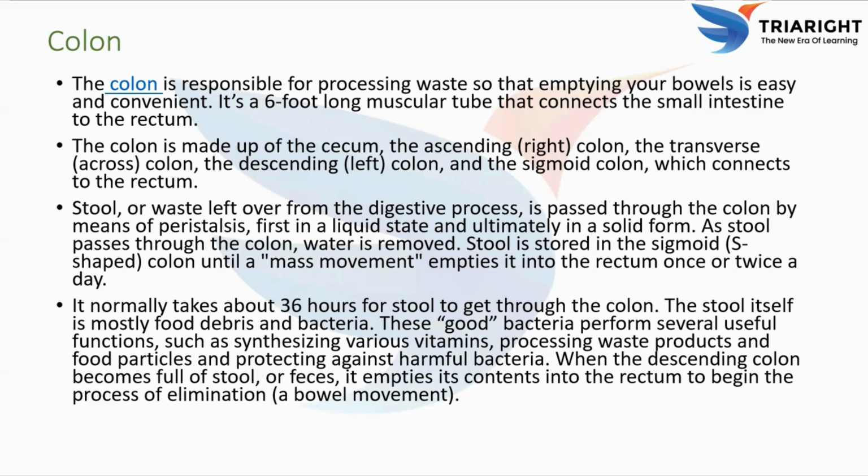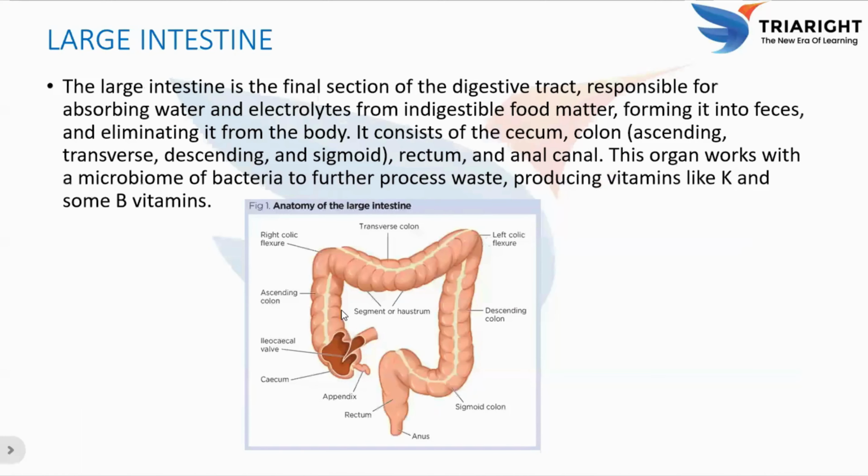As I already said, this colon has 5 main parts. What are they? Cecum, ascending colon, transverse colon, descending colon, and sigmoid colon. As in the below slide, you can see the cecum, it's the beginning of the colon, and the ascending colon goes up the right side of the abdomen, whereas the transverse colon runs across the upper part of the abdomen, and then the descending colon travels down the left side.